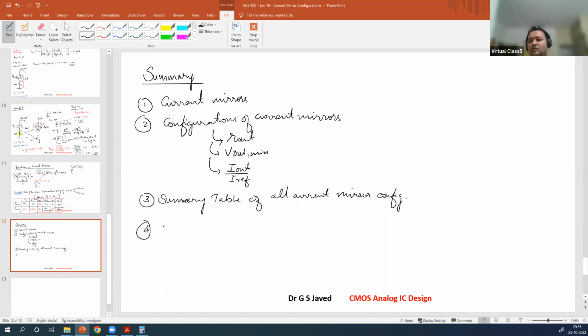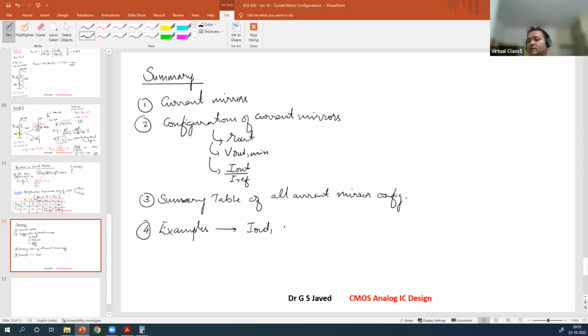Finally, we did examples to find out how you find I out and the corresponding values that you want to find with your current mirrors.